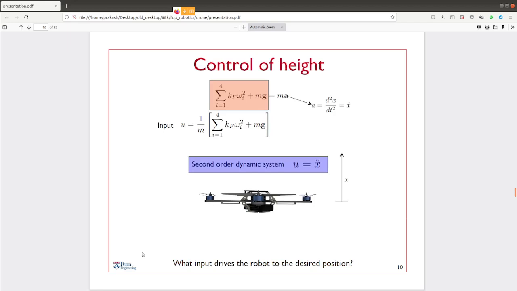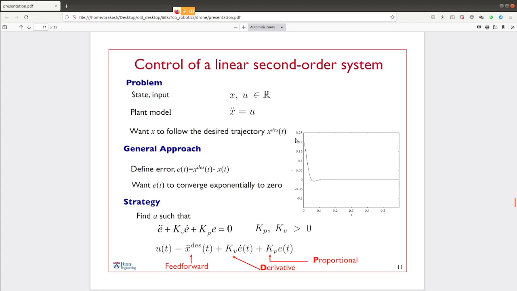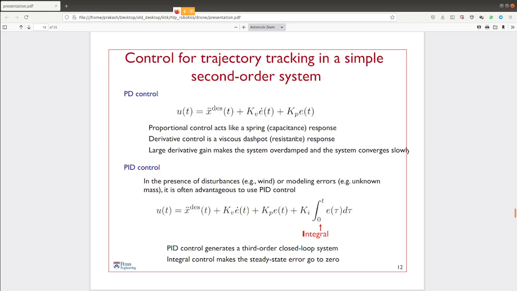I will go to this equation and calculate what is omega i, and then I will give omega i, the signal of omega i, to the actuator, and that will take care of my acceleration, and that will take care of my height.